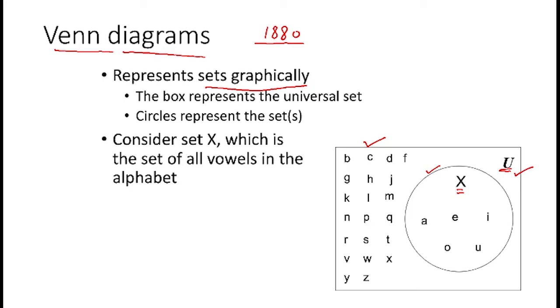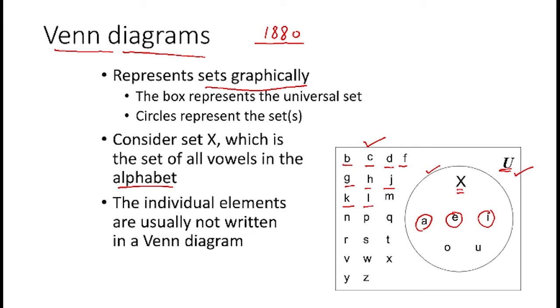So each and every alphabet is in U, but the vowels are inside X. In the universal set, you can see all the other alphabets are there, not inside X. So this is one of the best ways to represent set theory graphically, by a diagram, right? Individual elements we can write inside X or U, and that will represent our set theory, right?